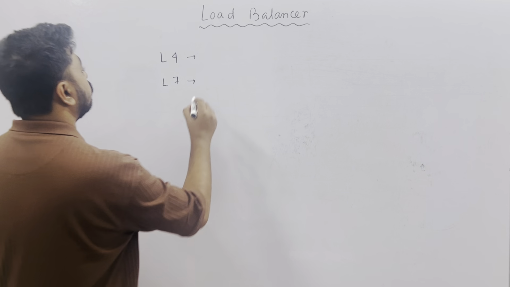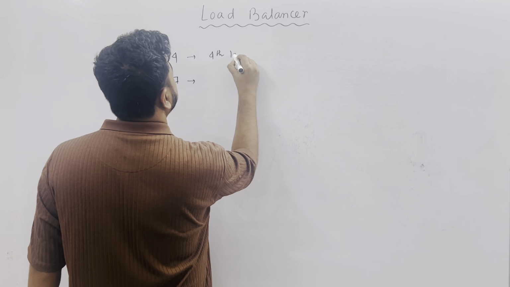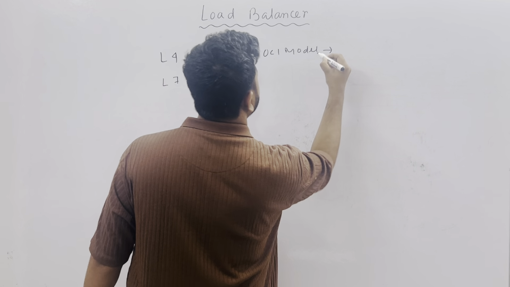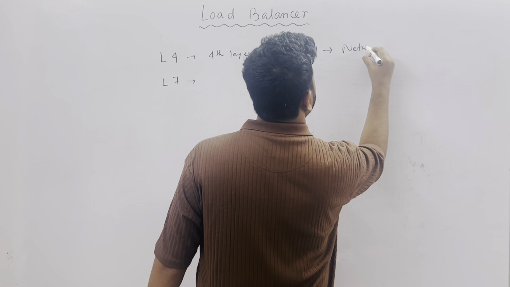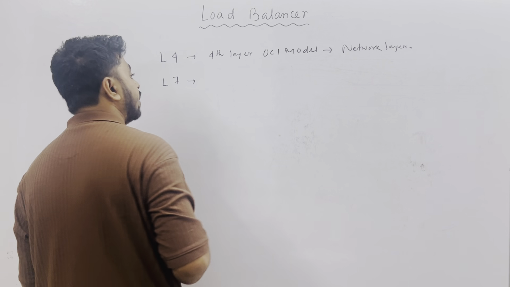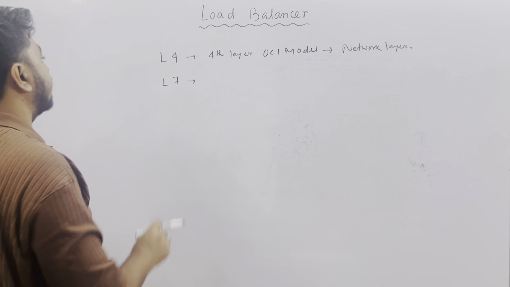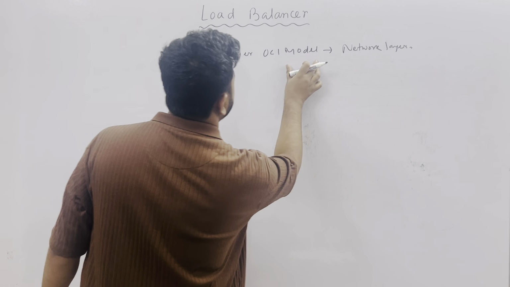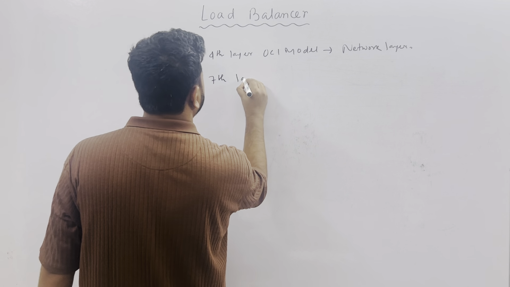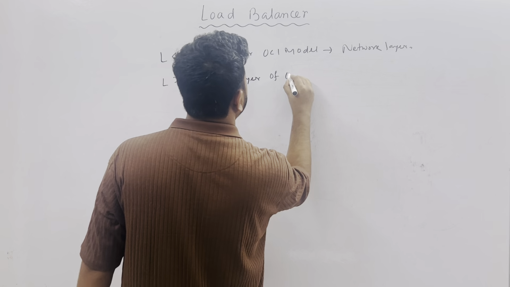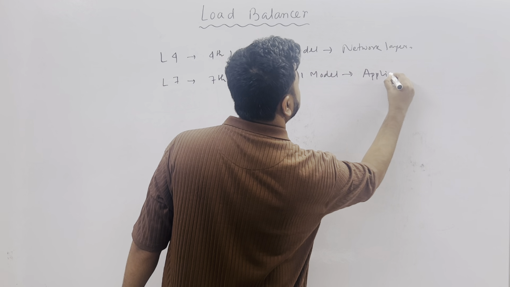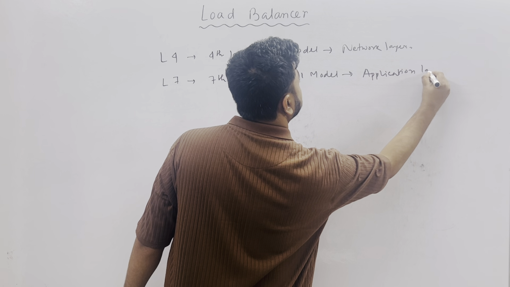L4 is the fourth layer of the OSI model, okay. What is the fourth layer of the OSI model? That is the transport layer. If you don't understand the OSI model, maybe I will make a video about that. Just understand L4 means the fourth layer of the OSI model. L7 is the seventh layer of the OSI model, that is the application layer.